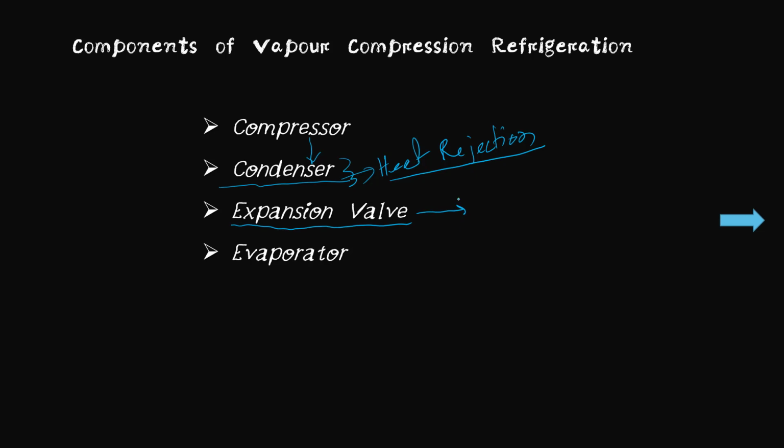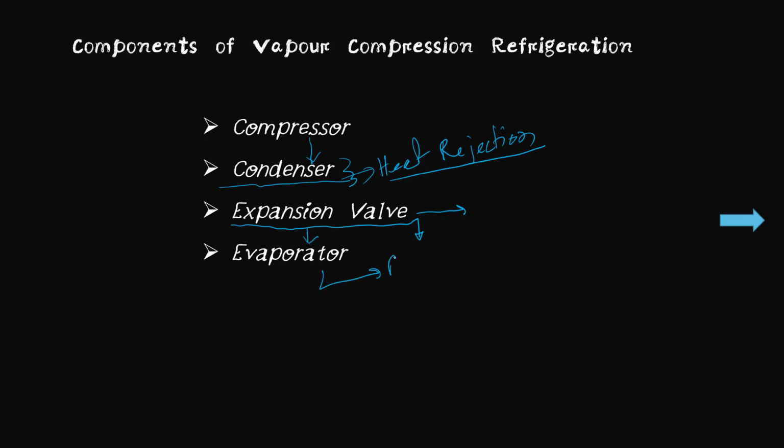This is basically like an expander in the air refrigeration system. In place of the expander, we will use one valve, and that is called the expansion valve. What will the expansion valve do? It will reduce the pressure, and after that it will go to the evaporator.